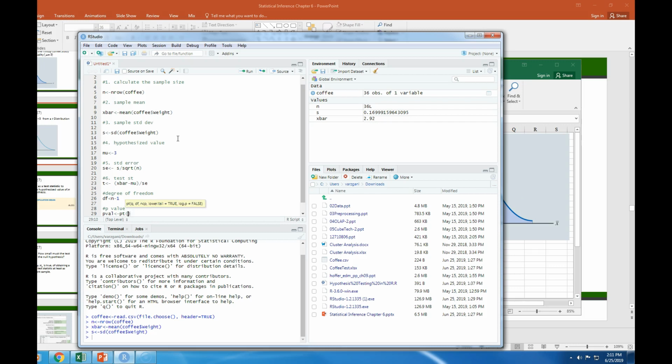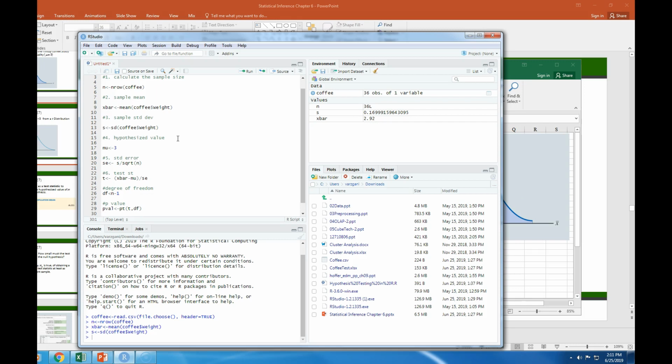The first argument is the value of the t-statistic, and the second argument is the value of the degrees of freedom. We can specify the lower tail being true, but even if we leave it out, R just assumes by default that it's true.